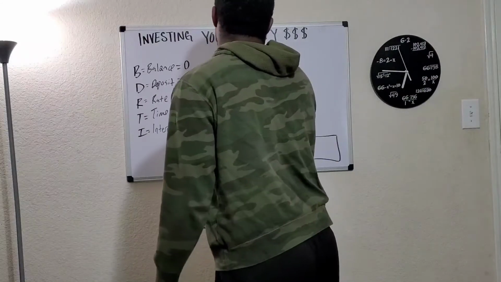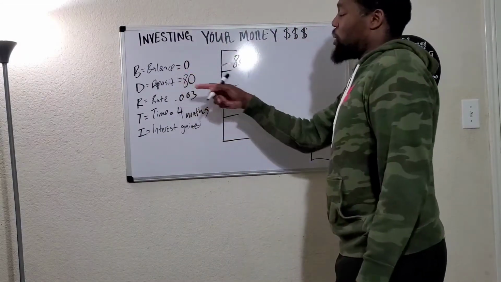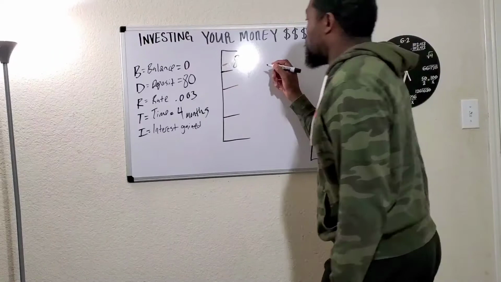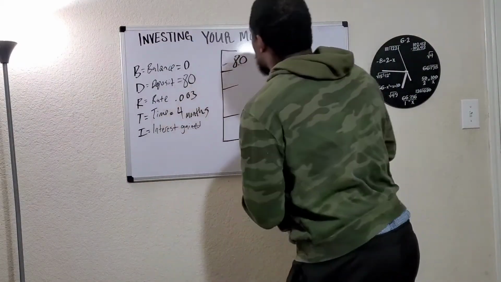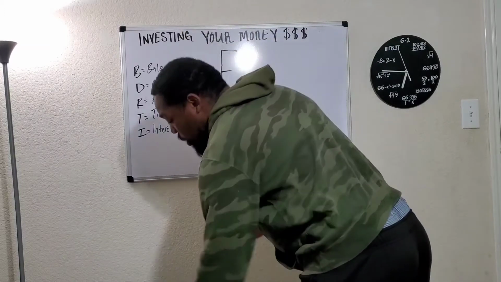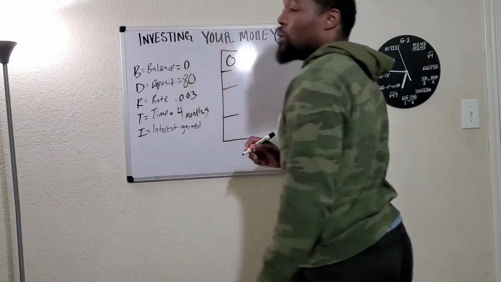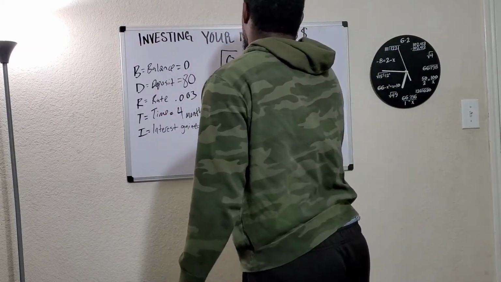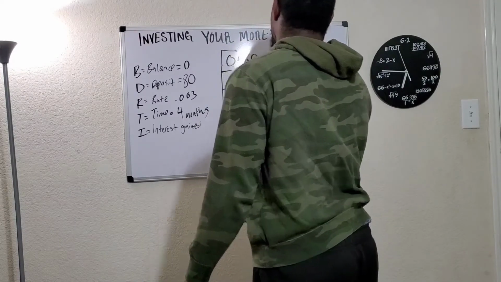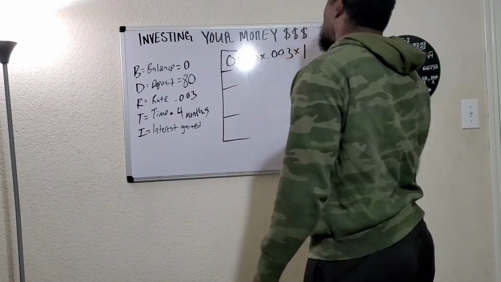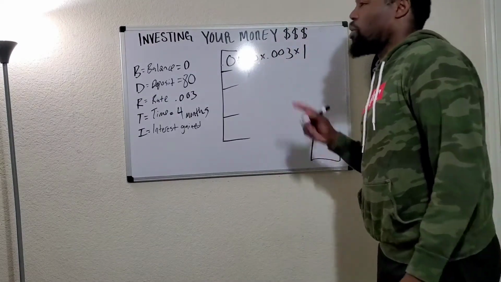To solve this, you're going to take your deposit or your balance. Really, it's your balance here. And, well, let me do it this way, because I'm going to do it this way with the rest of them. You can take your balance plus your deposit times your interest rate times how many times your interest period.